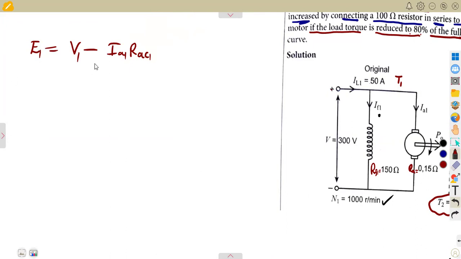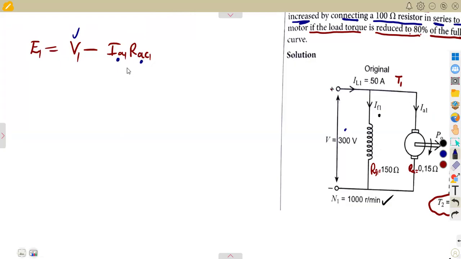So in this case, are we having these from the diagram? V1, which is the supply, we have got. The armature current, we do not have, so you're supposed to calculate this. Then this is representing the resistance of the armature circuit, everything of the armature circuit.